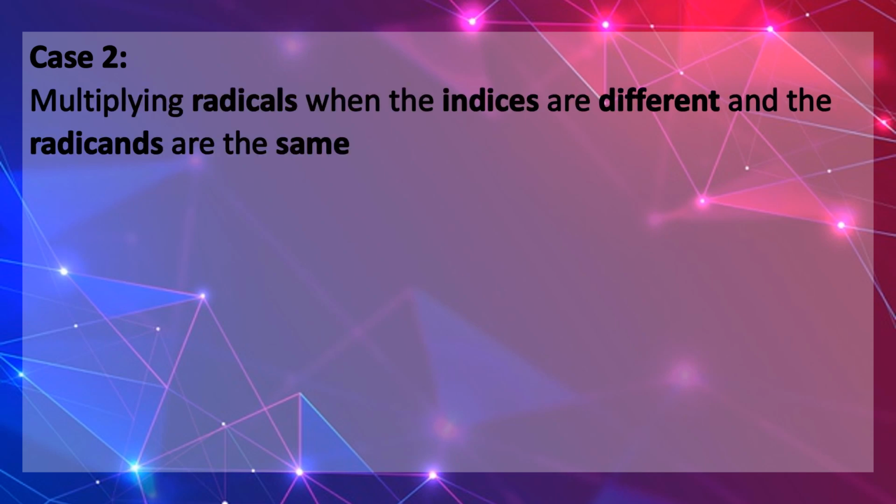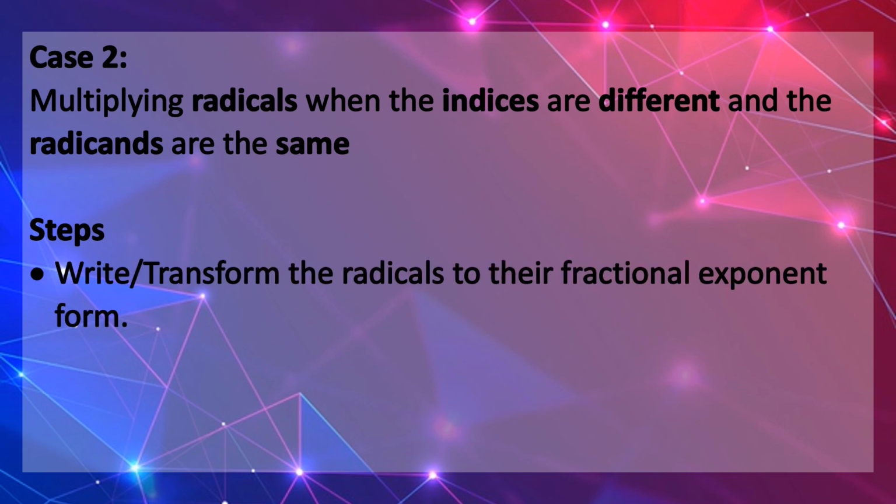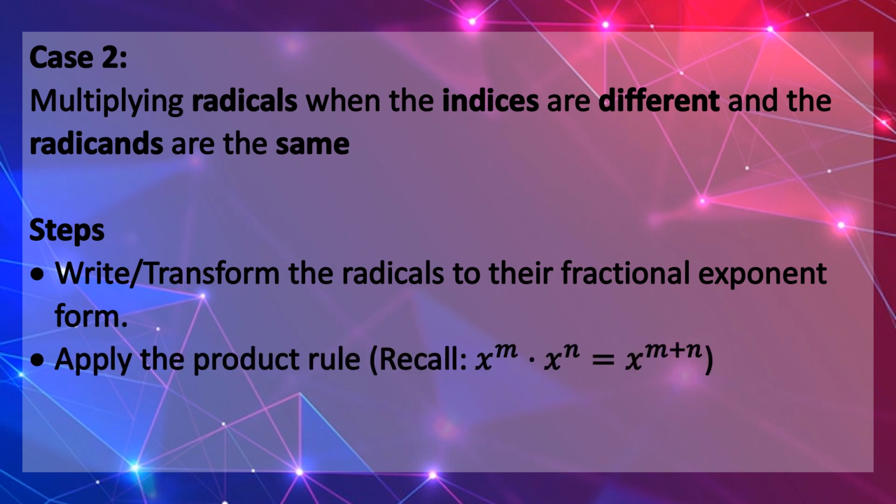Let's proceed to our second case, which is multiplying radicals when the indices are different and the radicals are the same. Here are the steps that you should follow. First, you write or transform the radicals to their fractional exponent form. Second step, apply the product rule.